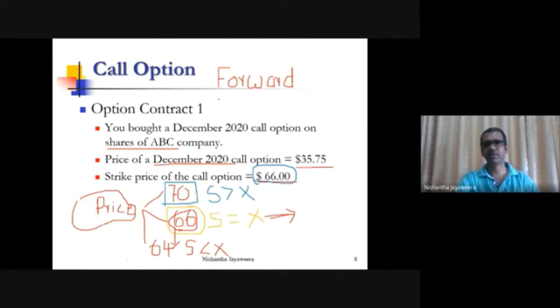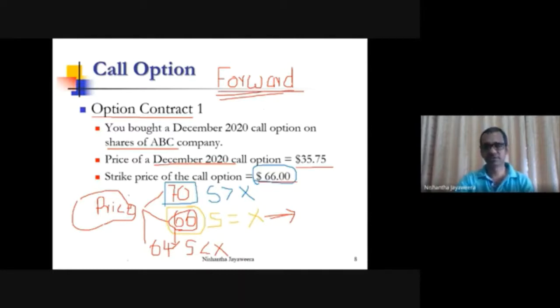But in a forward, you can't do that because you have the obligation to buy it at the forward price that you agreed. So that's the advantage of using an option contract instead of a forward.